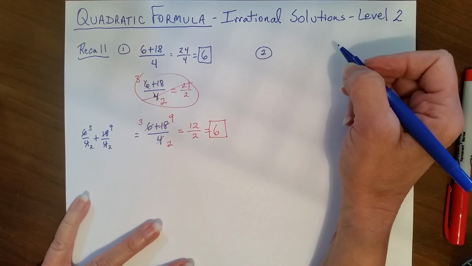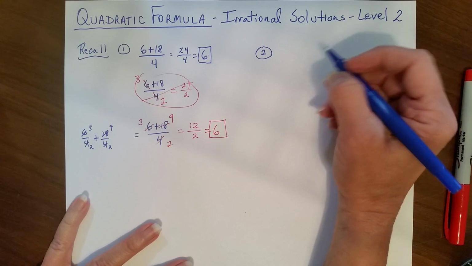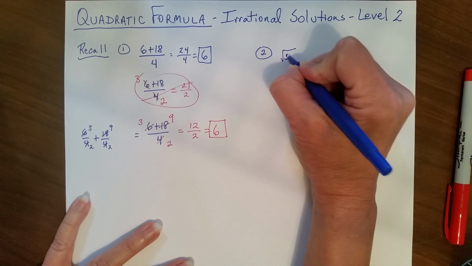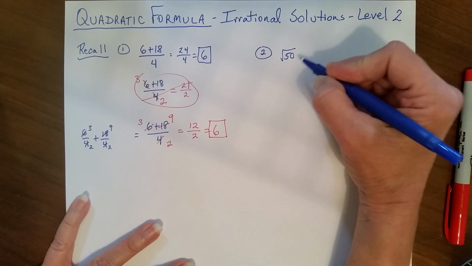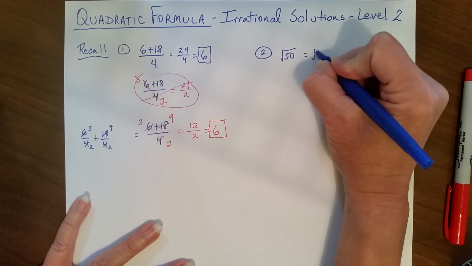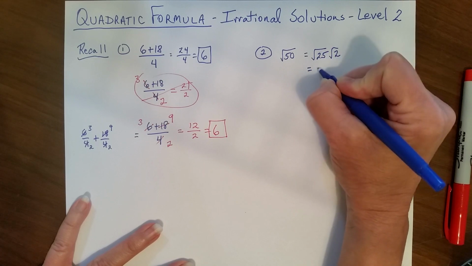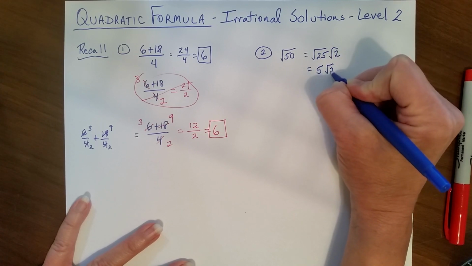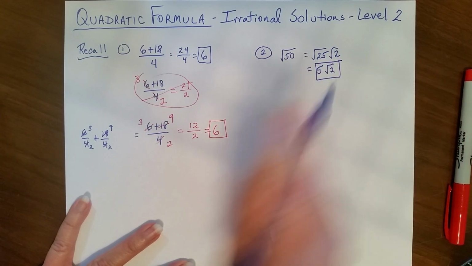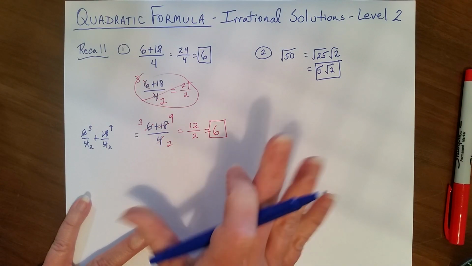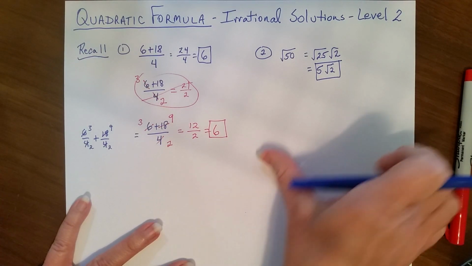So let me just review one of those real quick. If I have the square root of 50, okay, the largest perfect square factor of 50 is 25. So that's 25 times 2. The square root of 25 is 5, so 5 root 2 is how I would simplify that radical. Okay, these are 2 skills we're going to keep in mind.